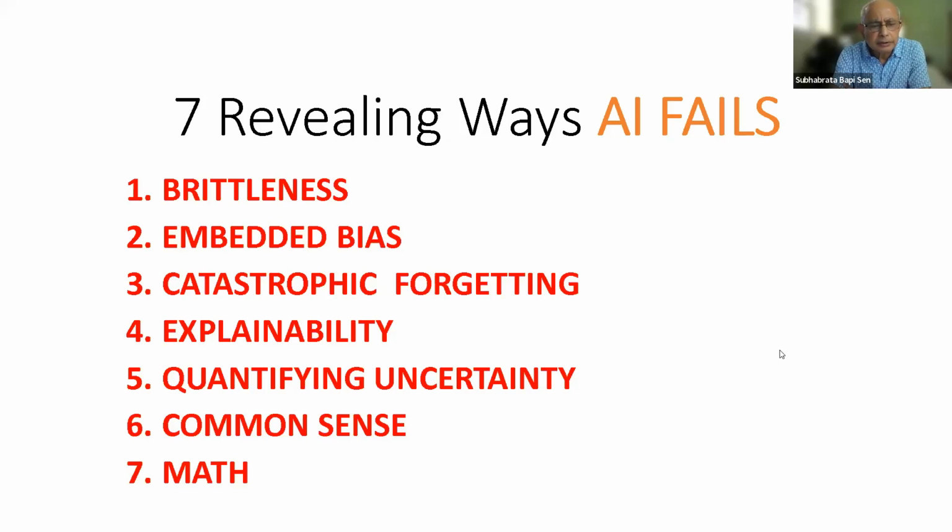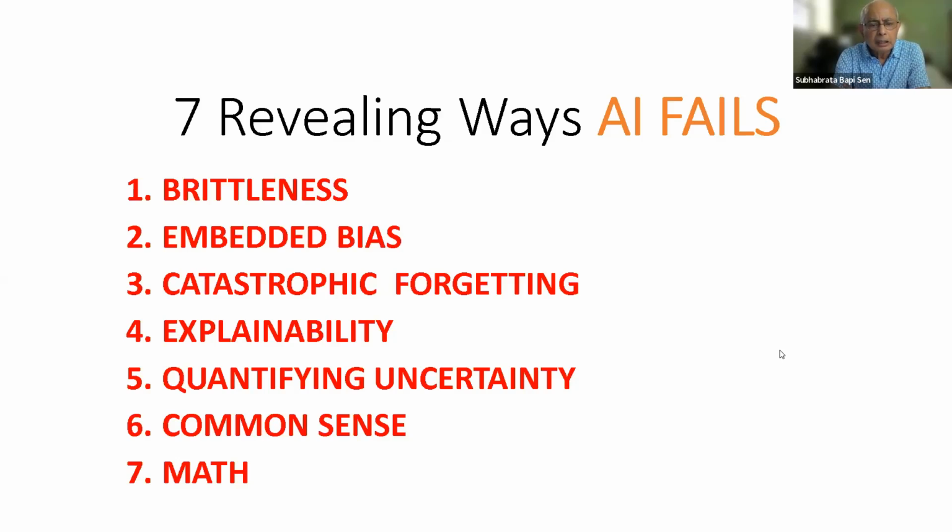The first one is brittleness. The second is embedded bias. Third is catastrophic forgetting. Fourth is explainability. Fifth is quantifying uncertainty. Sixth is common sense. And seventh is math, pure math.